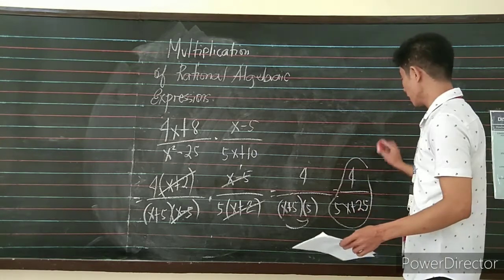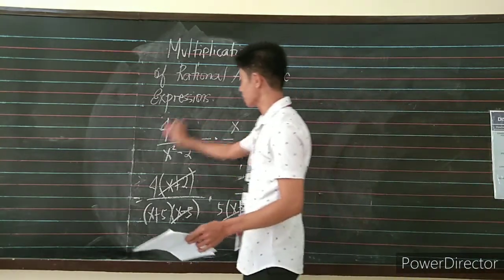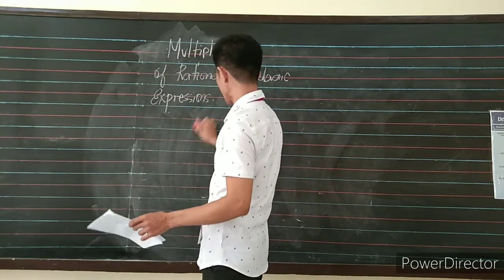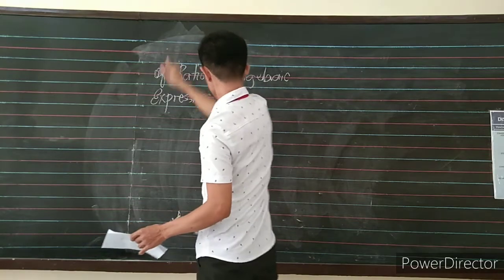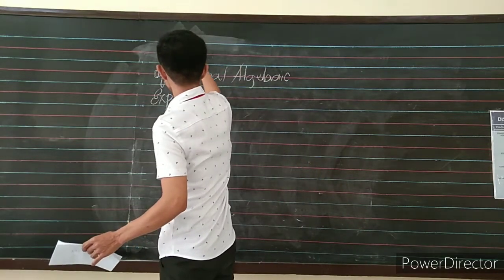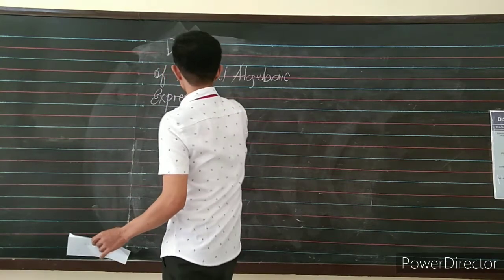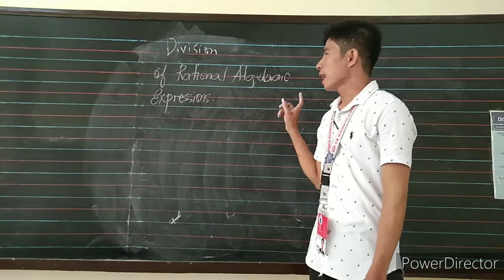Okay, next problem. Our next topic is about division of rational algebraic expressions. We have division of rational algebraic expressions.